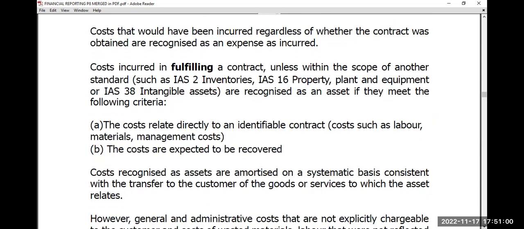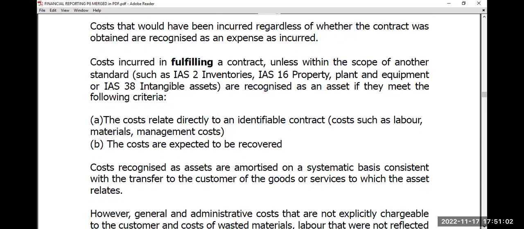Then we have costs that are incurred in fulfilling the contract, unless within the scope of another standard. Because what we are looking at in these standards is that they shouldn't override each other.